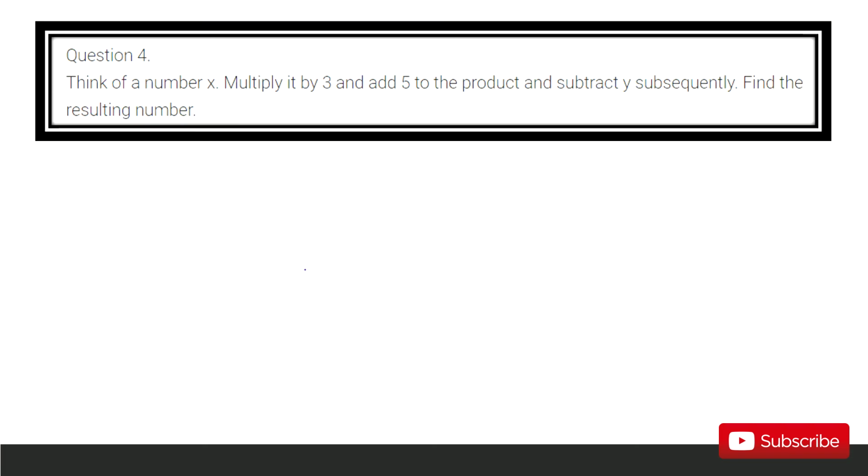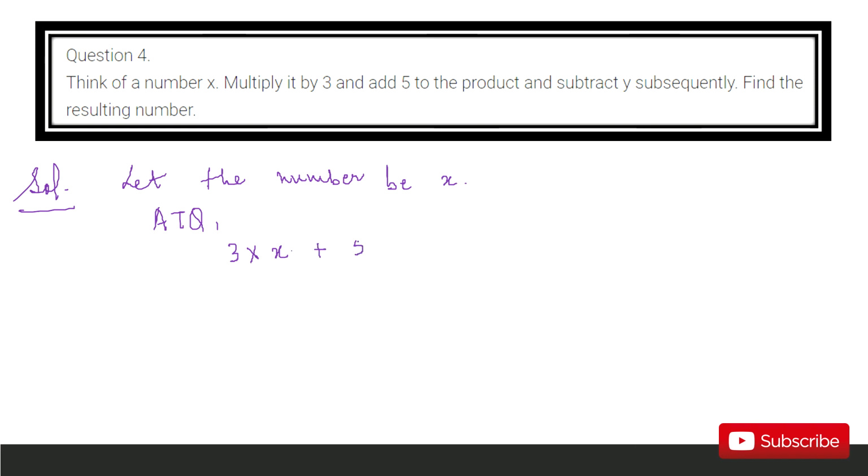Alright, now this question 4. I want you all to write the answers in the comment section after solving this question. Let me frame the algebraic expression for all of you. Think of a number x. So my first statement will become, let the number be x. Multiply it by 3. So the question is asking me to do that. I am multiplying the number x with 3 and add 5 to the product.